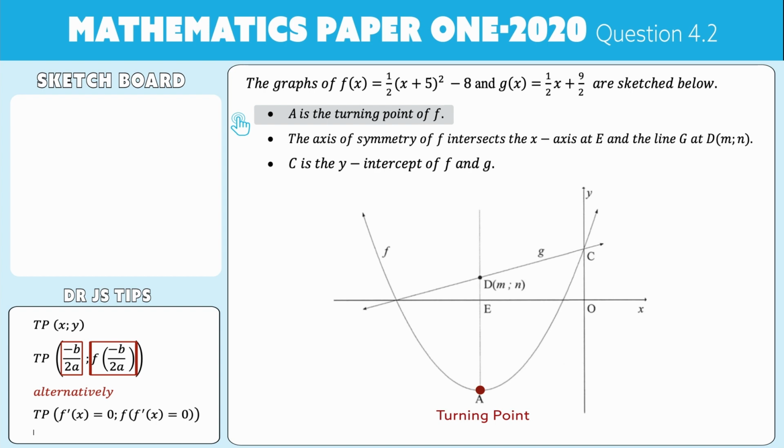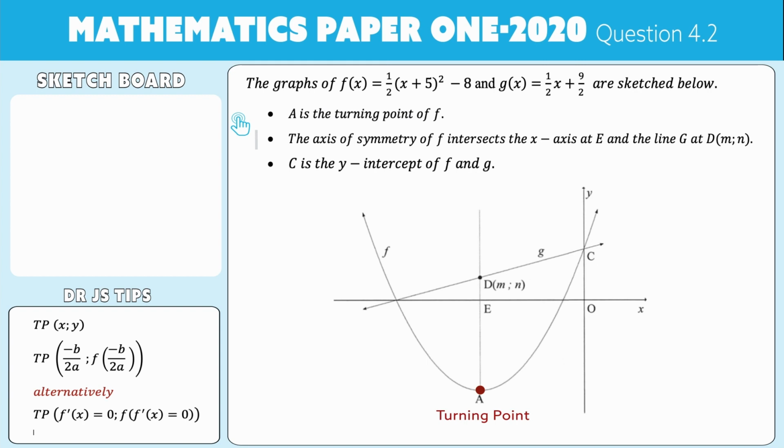The alternative would be to do what you learned in Matric, and that is to search for where the first derivative is naught, use that x value, put it back into the original, and you get the y value. So at turning points, or at stationary points, derivatives are indeed naught.